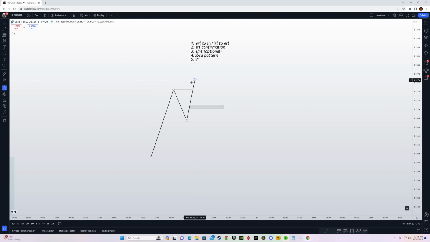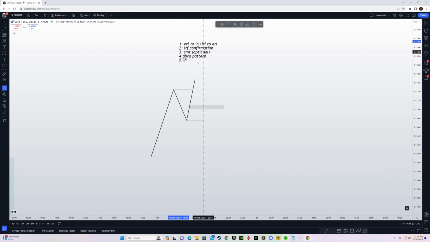So if price takes out external range liquidity, it's going to go into the internal range liquidity. This is basically how price delivers, all right? So with that in mind, we can make a model around this concept, right?